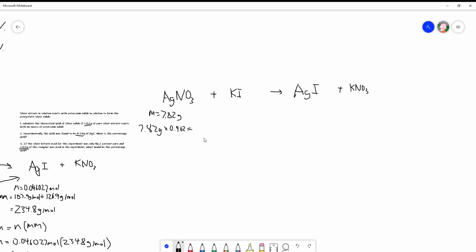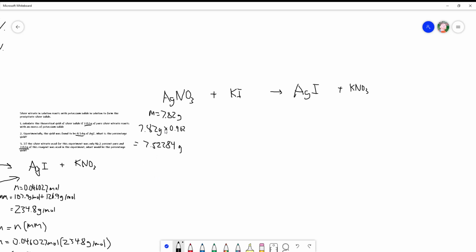And this gives us the total mass of silver nitrate that is pure. And this number comes to a total of 7.52284 grams.